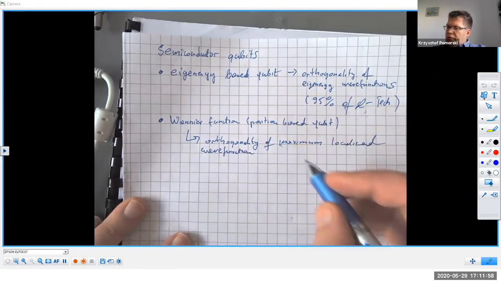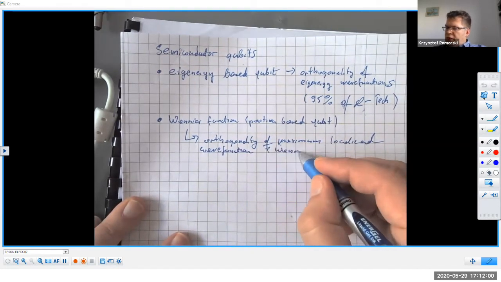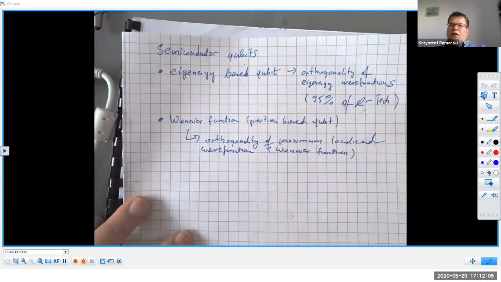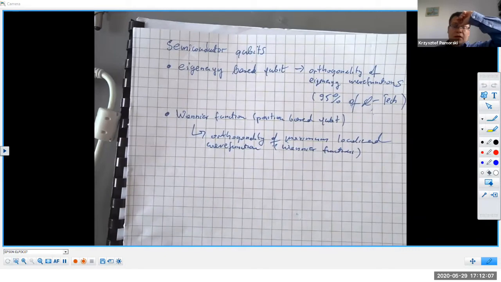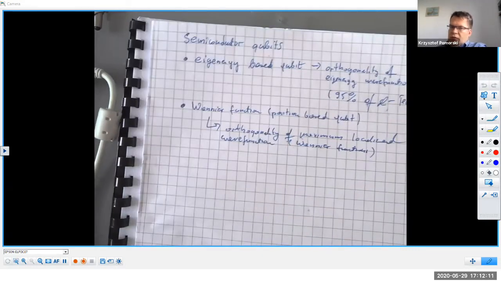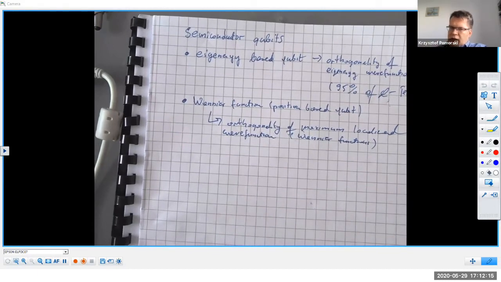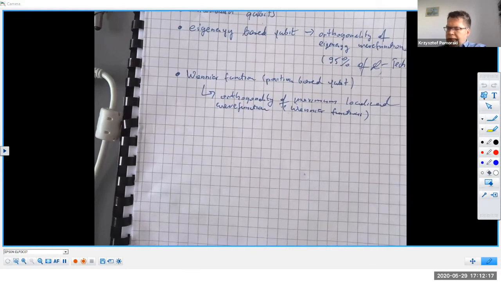This is the so-called Wannier functions. I will mention this in detail.